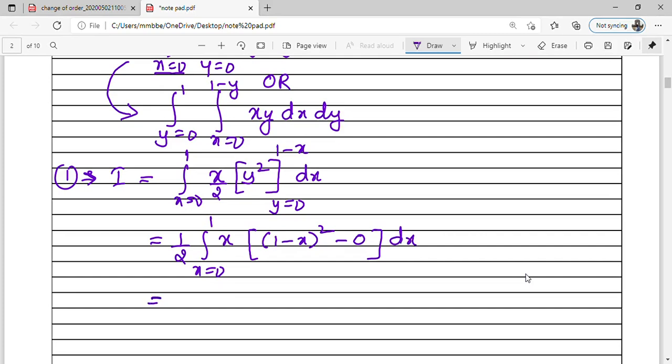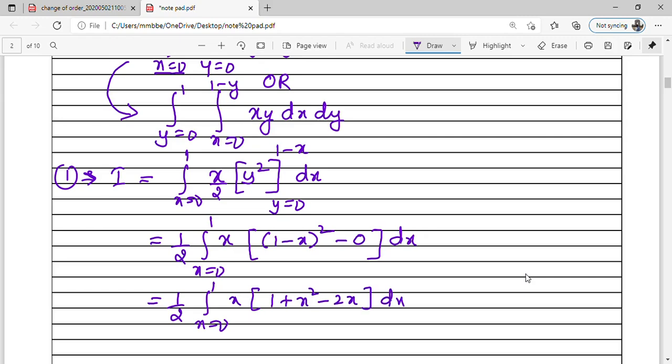Now 1 by 2, x from 0 to 1, x as it is. Now you have to expand (a minus b) whole square: a square plus b square minus 2ab. So 1 plus x square minus 2x, dx.